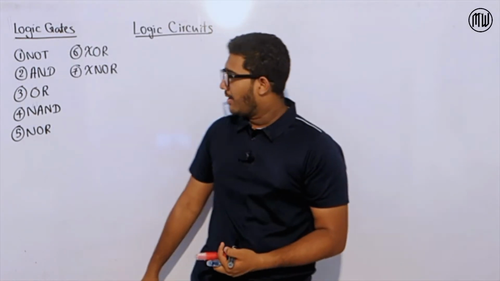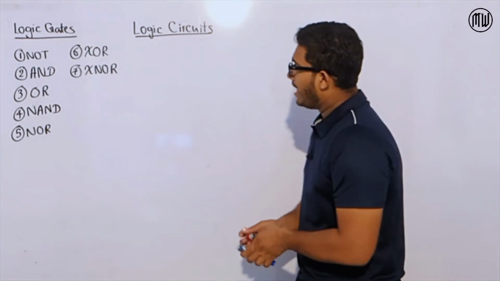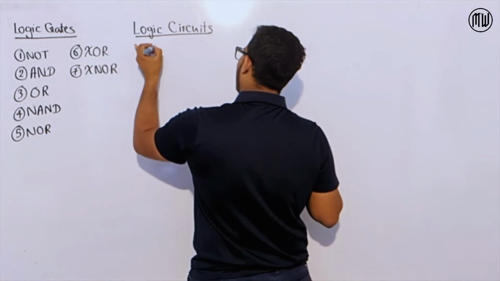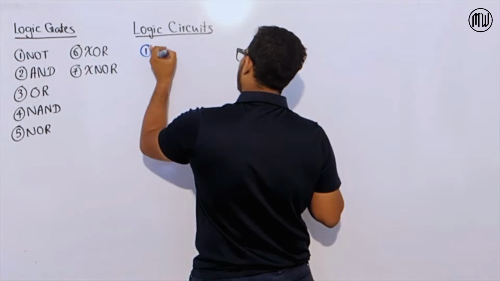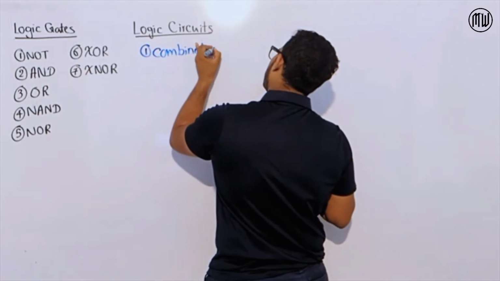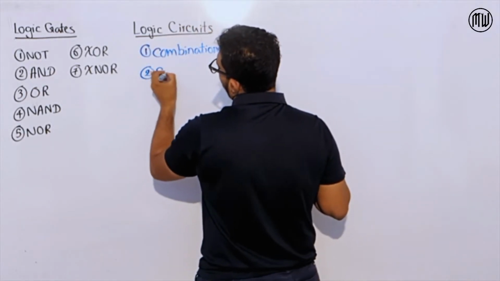Now, there are 2 different types of logic circuits. Number 1 is the combinational circuits, and number 2 are the sequential circuits.